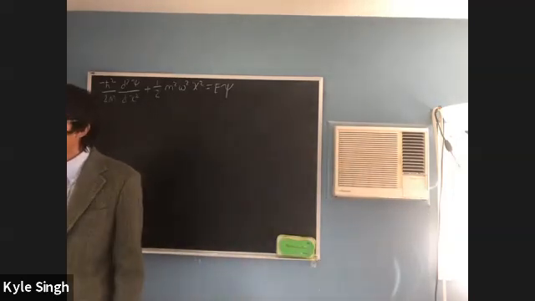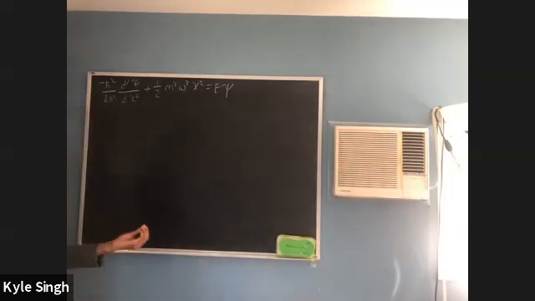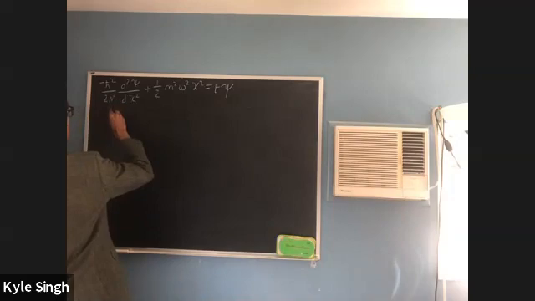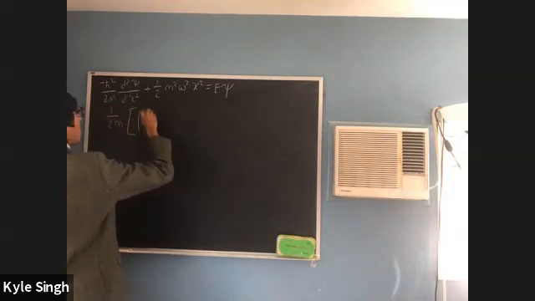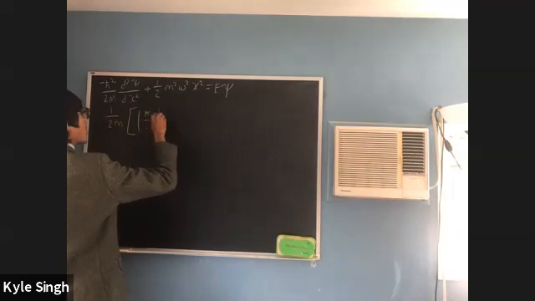Okay, so the first thing I'm going to do is write this in a very scandalous form, okay? Just to sort of work with this a little better. I'm going to write this in this form, which is equivalent.